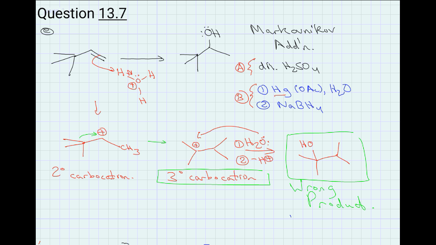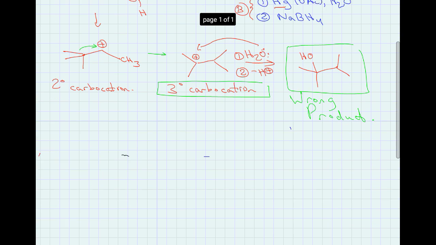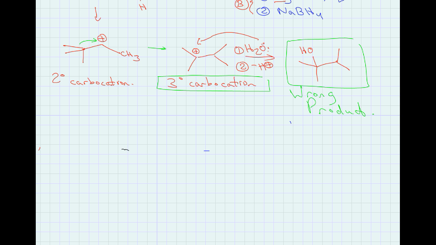The reason that we learn about oxymercuration, demercuration is because, let me redraw these things out here just so we get the 30,000 foot view of the whole thing. So we have our alkene.